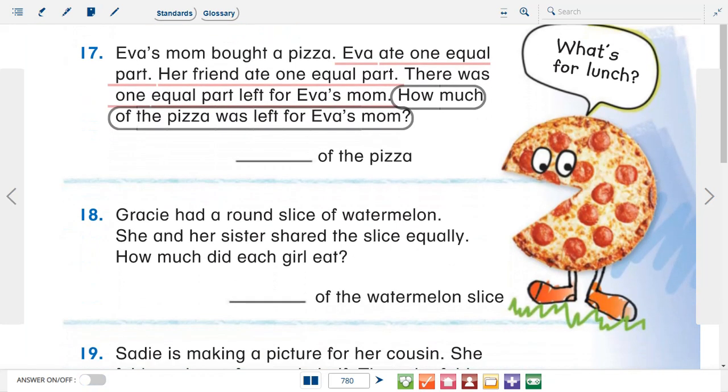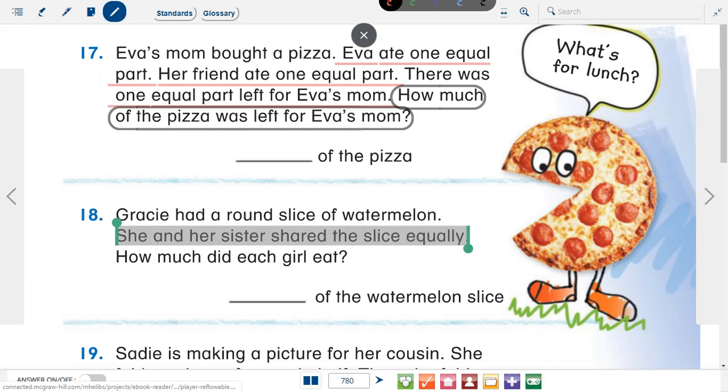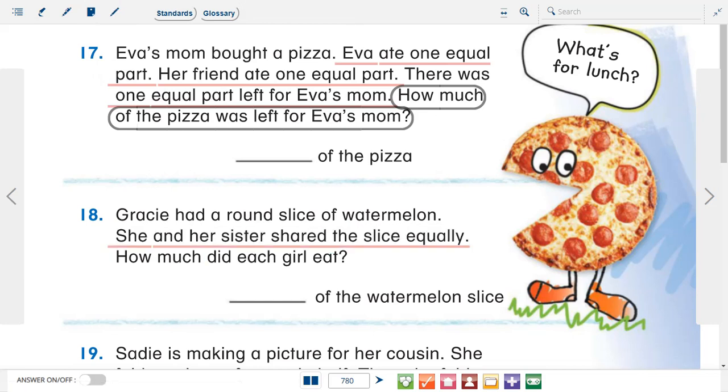Let's read question 18. Gracie had a round slice of watermelon. She had her sister share the slice equally. How many people shared the slice equally? Gracie and her sister. So they are two people.